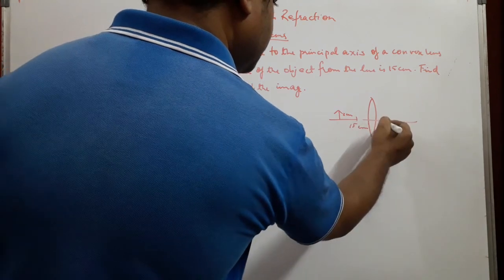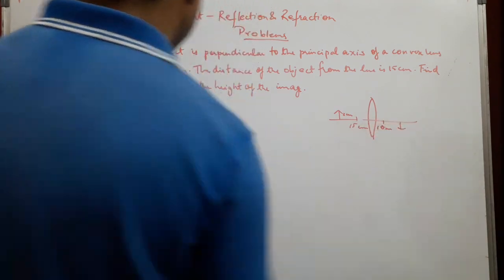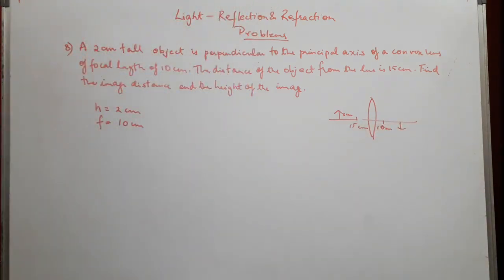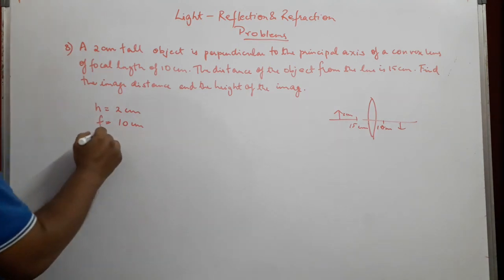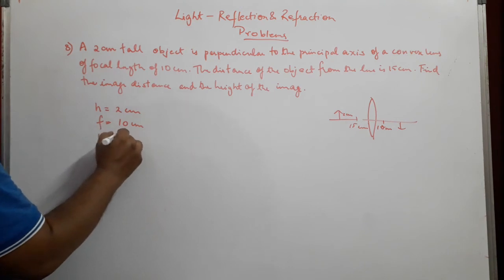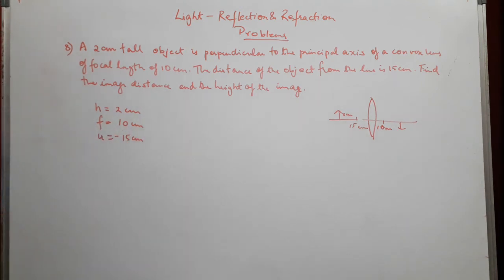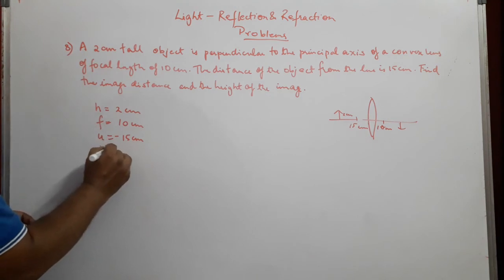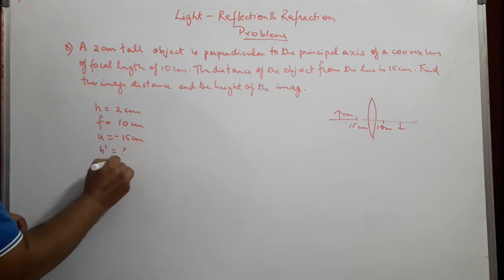The distance of the object from the lens is 15 centimeters, so u is equal to 15 centimeters, and this will be negative. So we need to find h dash as well as v.